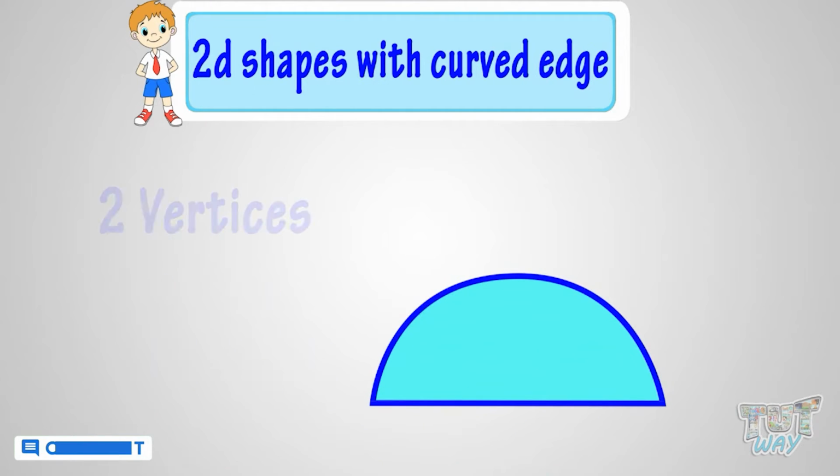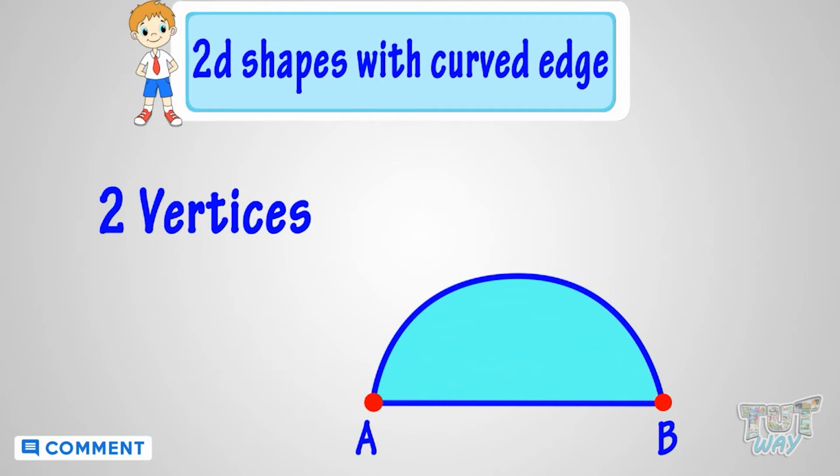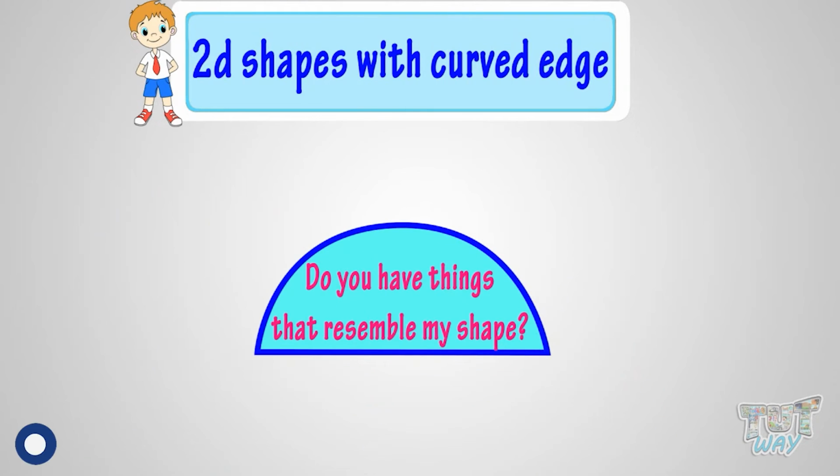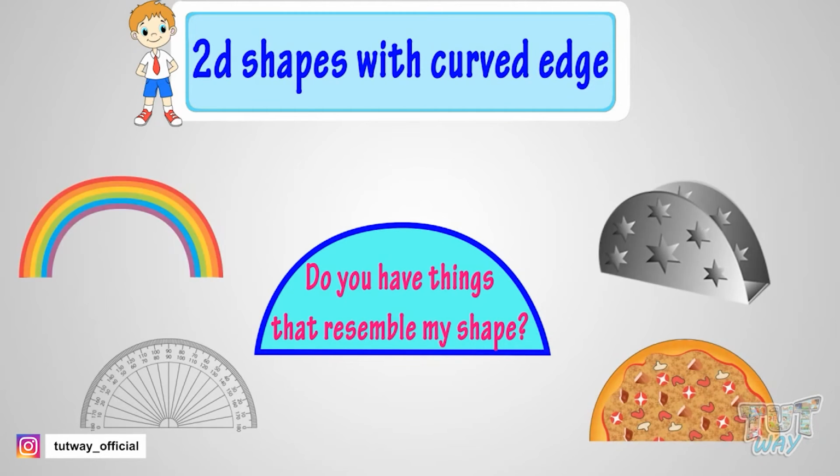I have two vertices. Do you have things in your house that resemble my shape? Try to remember. Yeah. These are a few things that are semicircle in shape.